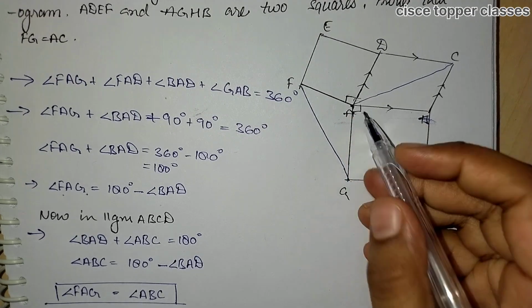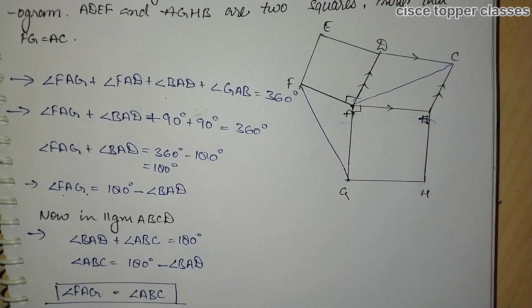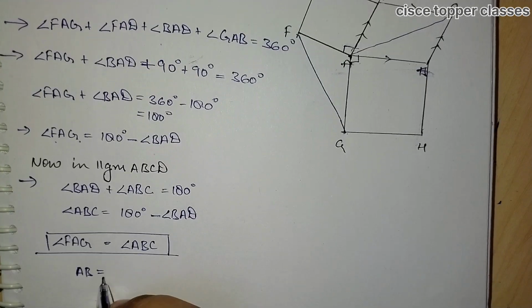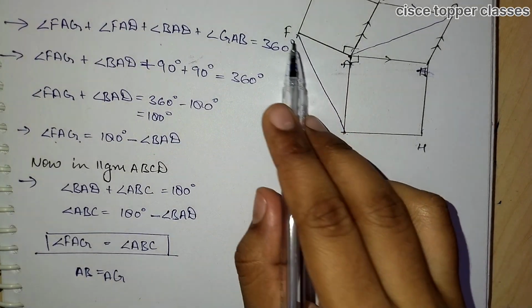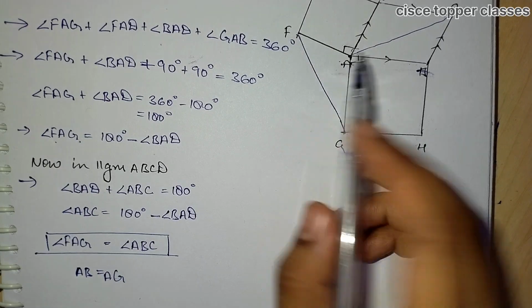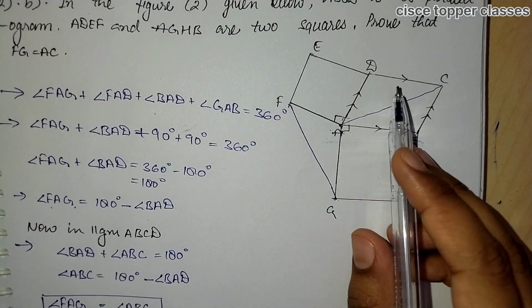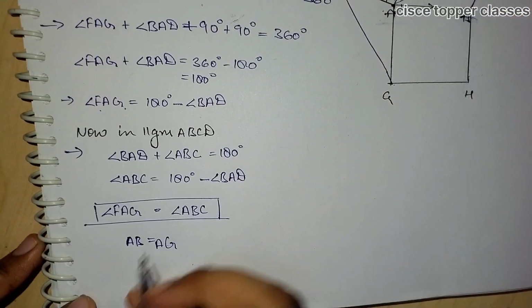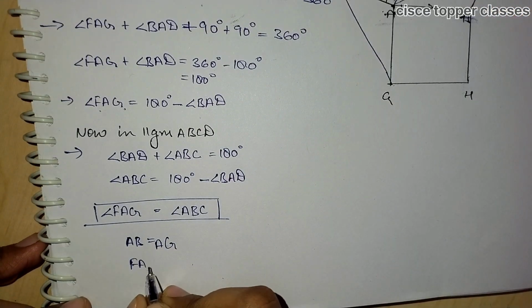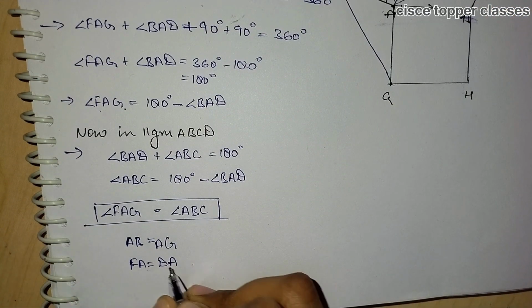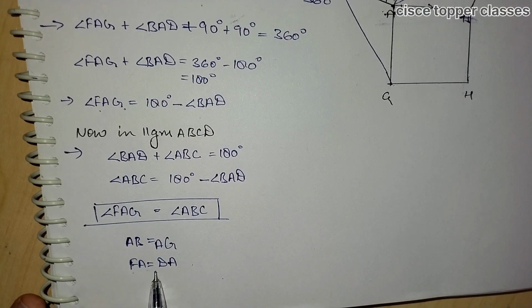AB is equal to AG, because AG is the side of the square with the same base. And FA is the side of the square, with the same base as that of this parallelogram, so FA is equal to DA.